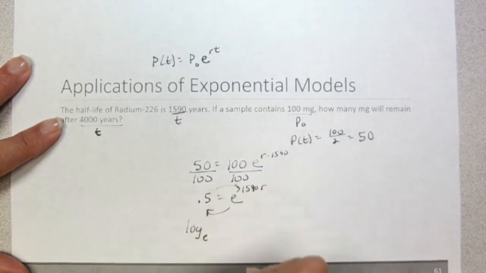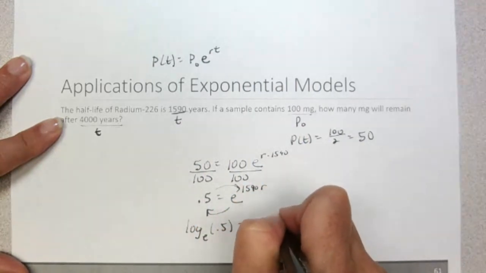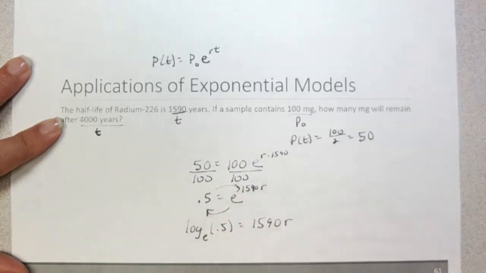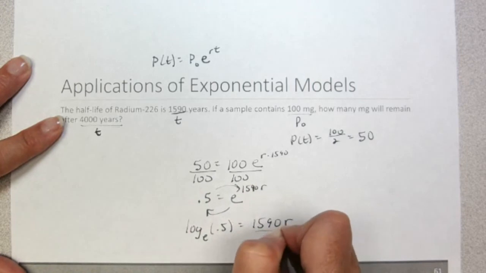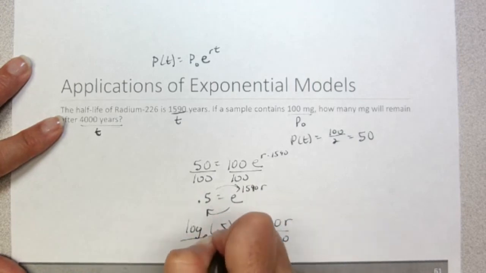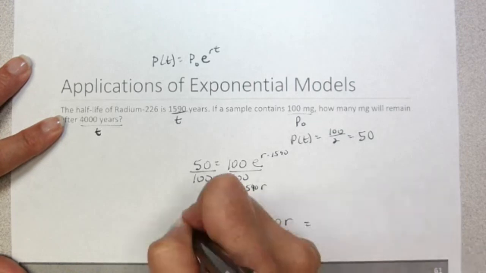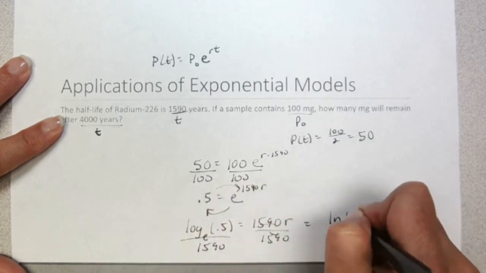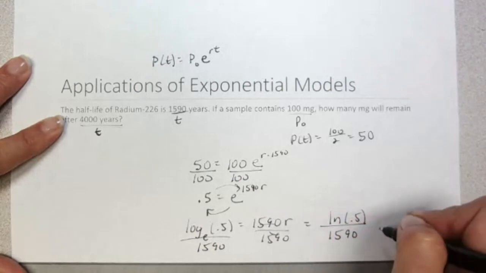Log base E of 0.5 equals 1590R. Log base E, of course, is natural log. And I want to divide both sides by that 1590, so R is going to be the natural log of 0.5 divided by 1590.